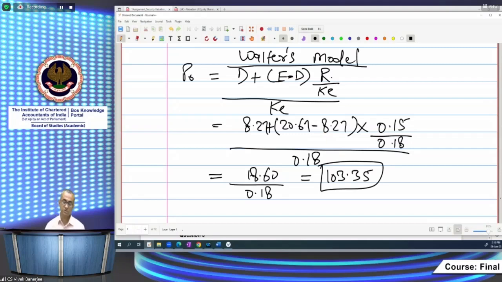Basically, students, Walter's model and Gordon's dividend discount model both follow the same approach. That is the infinity approach, meaning the dividend which has been declared will continue for a long time to come. The basic difference between the two is that in Walter's model, as we have discussed, it depends on the return on retained earnings versus the cost of equity capital.